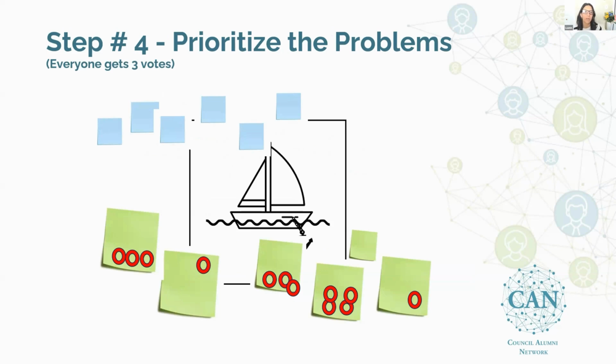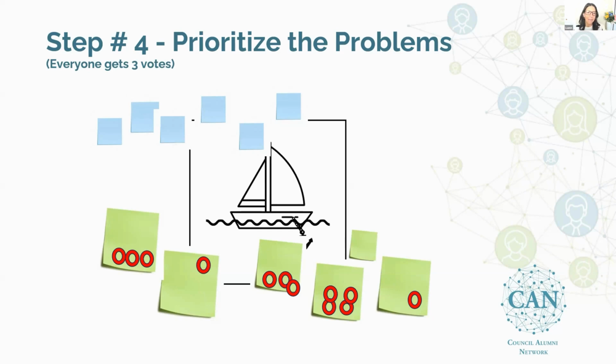When they put the negatives up, they just put them up, because you want to avoid people commenting or associating my complaint or my challenge with me. It's a great way to allow people to say what they want to say and not have judgment made on them. So the first step is put those positives up, let them say those things out loud. The second is the challenges, and just let them put them up there.